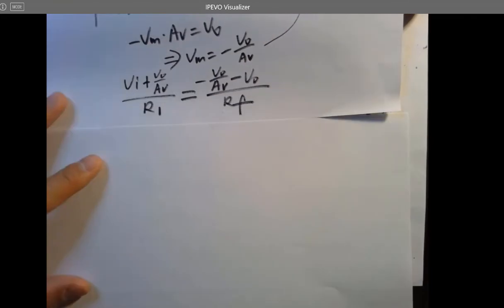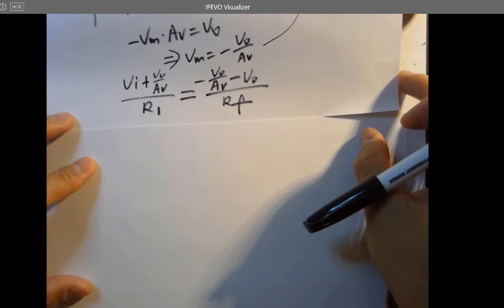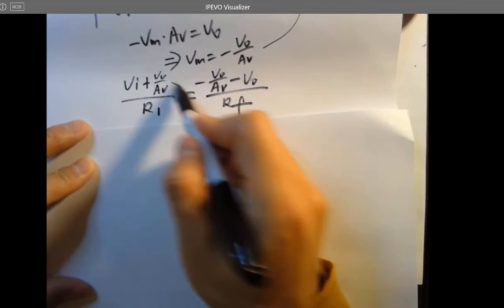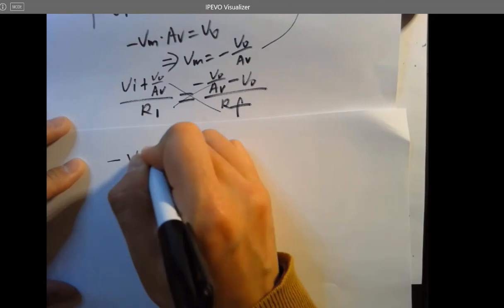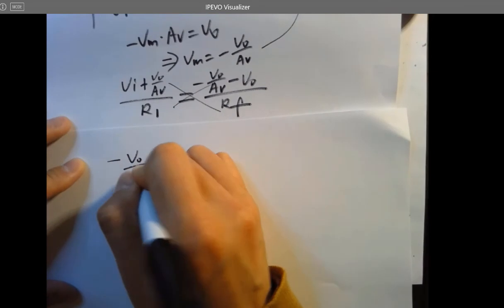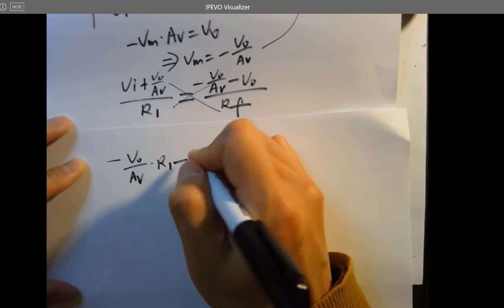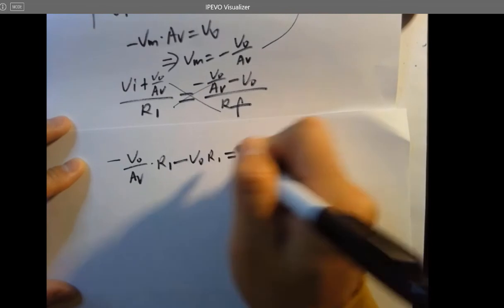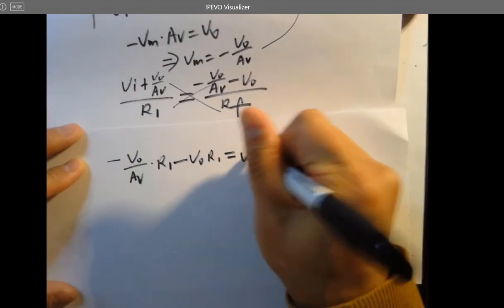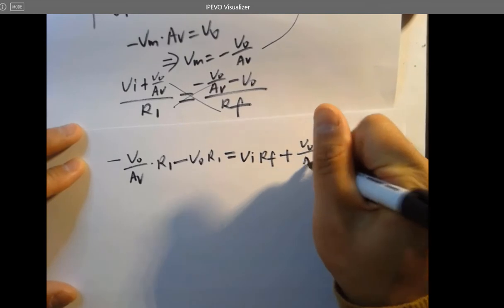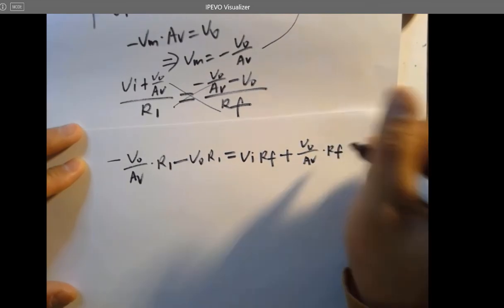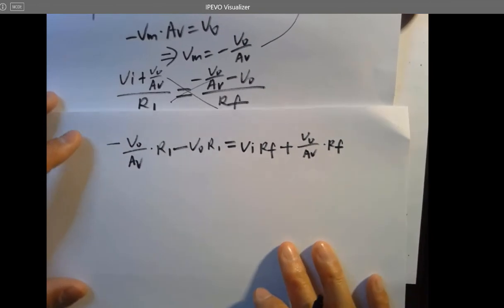So we can do a cross multiplication from the two sides. So we are getting minus Vo over AV times R1 minus Vo R1 equals Vi Rf plus Vo over AV times Rf. That's what we have now.